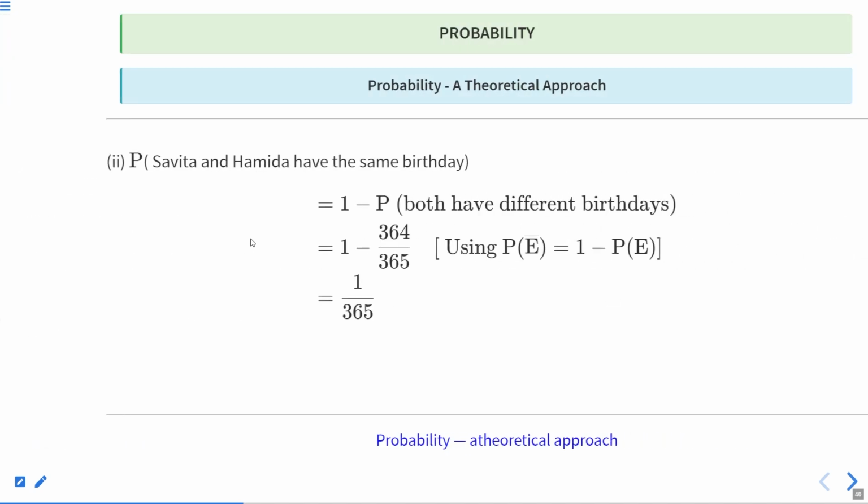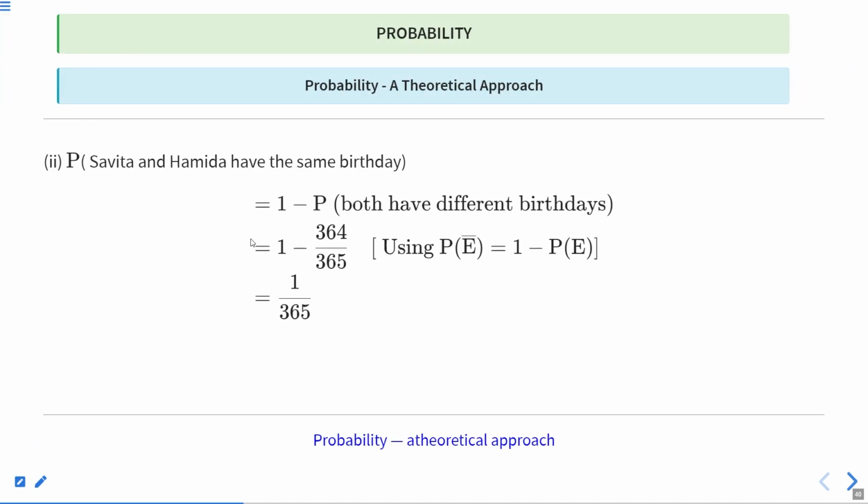Now second, the probability that Savita and Hamida have the same birthday. First, let us understand what it means. Having the same birthday means not both having different birthdays.